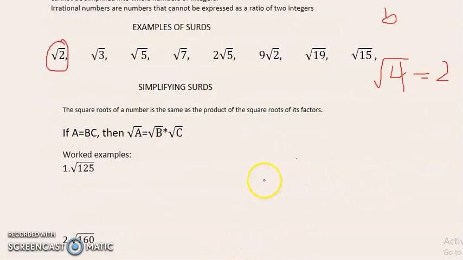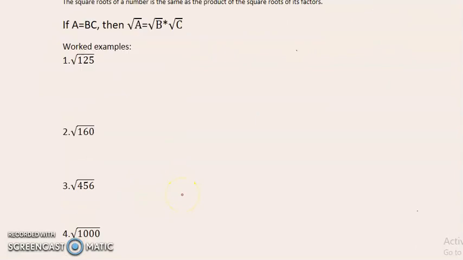Now, let's look at simplifying surds. The square root of a number is the same as the product of the square roots of its factors. If A is equal to B times C, then the root of A is equal to the root of B multiplying the root of C. Let's prove this with some examples. Let's see, root of 125. In normal terms, 125 is 5 multiplying 25.